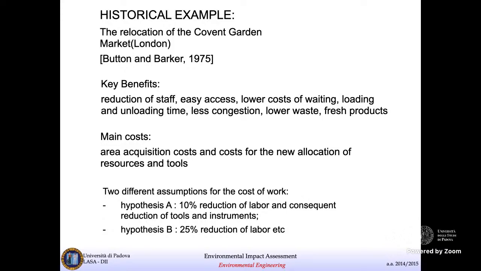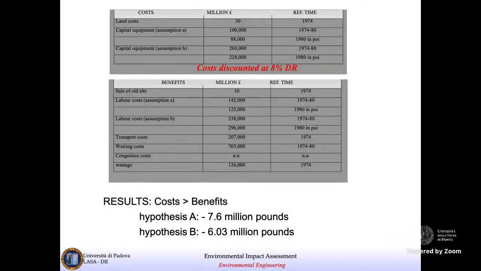The first hypothesis, A, is a 10% reduction of labor and consequent reduction of tools and instruments. The second scenario, hypothesis B, is a 25% reduction of labor needs and so of labor costs. Then they made this evaluation, in millions of pounds, and as you see, the reference time is 1974.